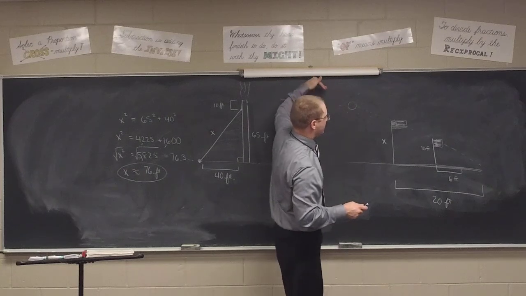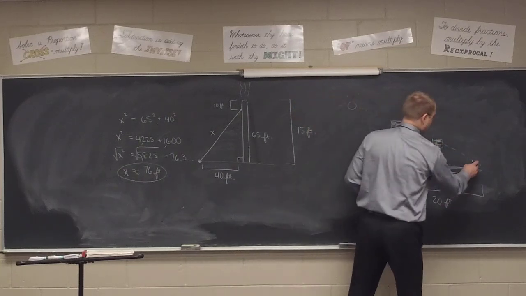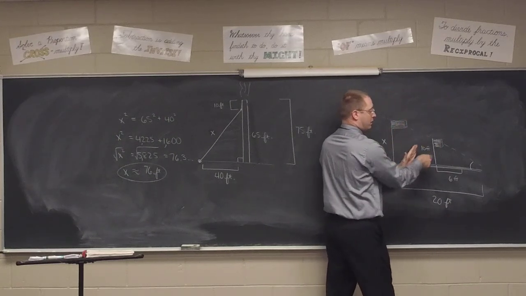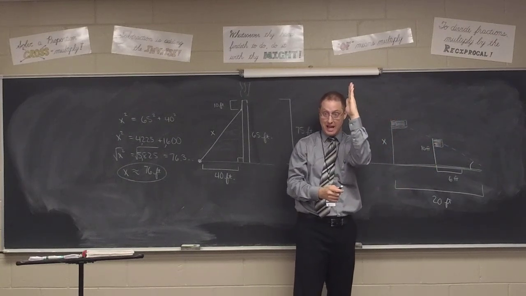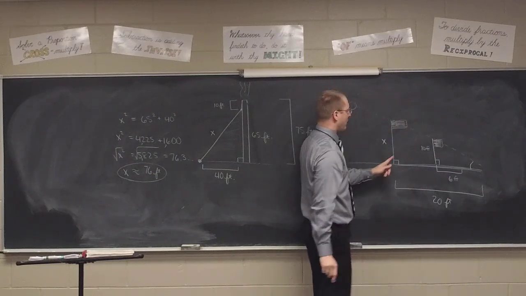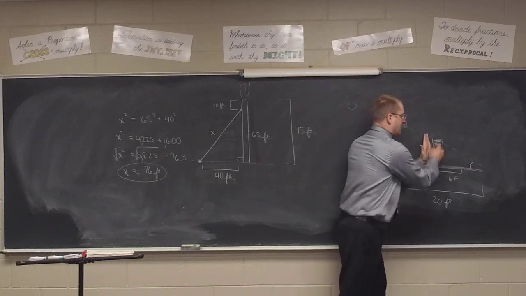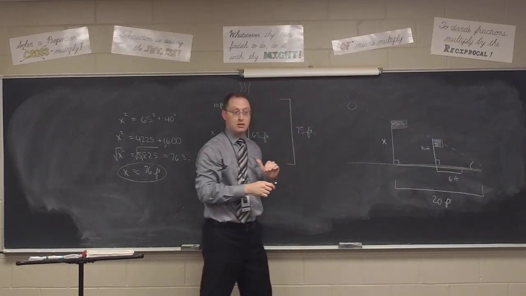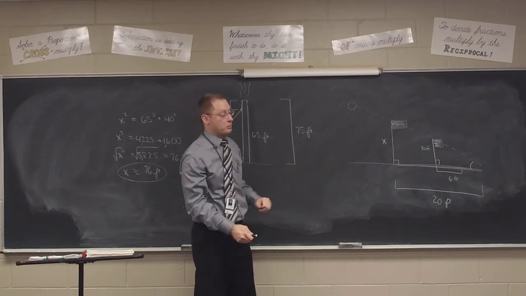Question for you. The sun's going to hit both of these at the same angle, which means this angle is the same in both triangles. And assuming the flagpole is straight up and down, which is typically how a flagpole is installed, we also have a right angle in each triangle, which means each triangle has to be similar to the other, because we have angle-angle, or one acute angle in the right triangle.